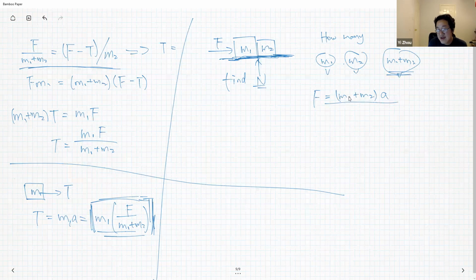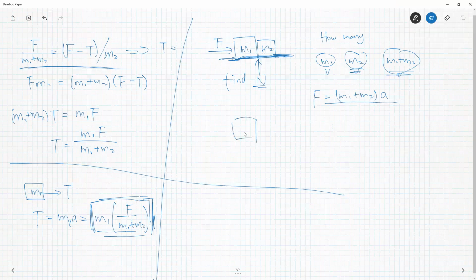Now we need another equation to find the normal force. So which one do you want to choose, M1 or M2? M2. Okay, let's choose M2. Let's study M2. How many forces are acting on M2?